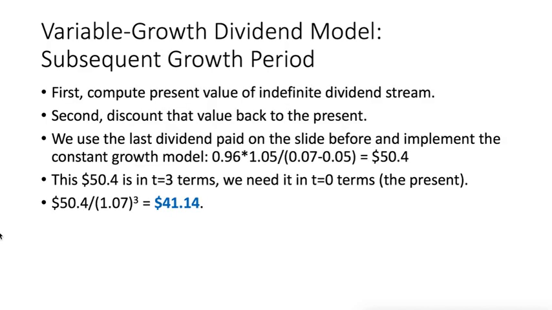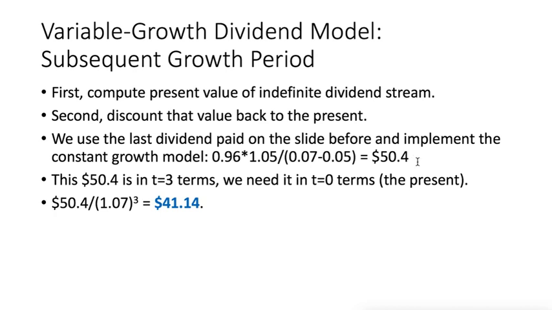So we multiply 0.96 by 1.05, where 5% is the growth rate, G2, in the subsequent period. And then we divide by the required return minus the growth rate in the subsequent period. So 7% minus 5%. That gives us a total of $50.40.